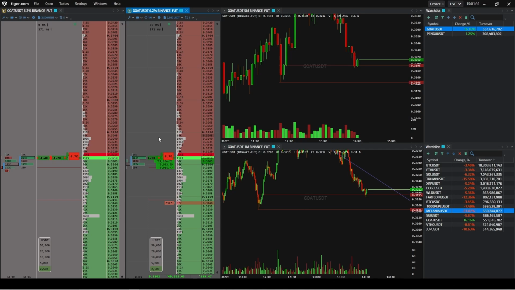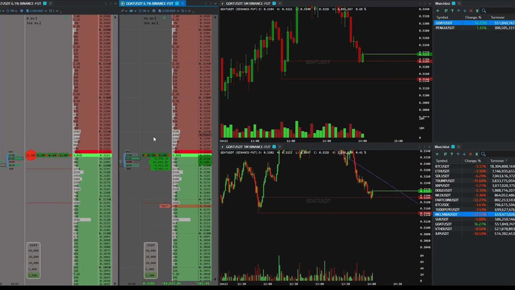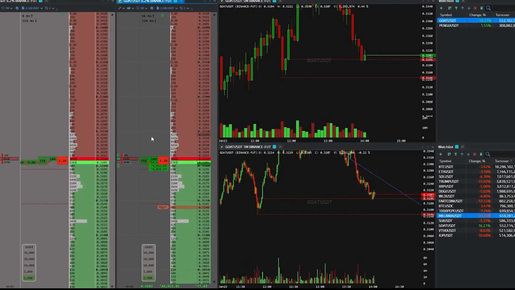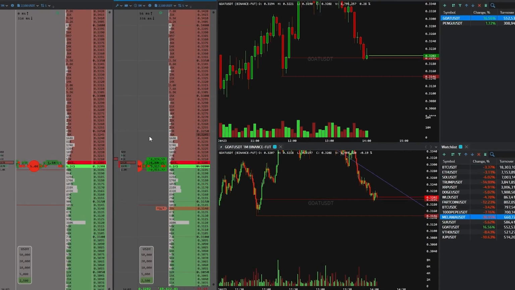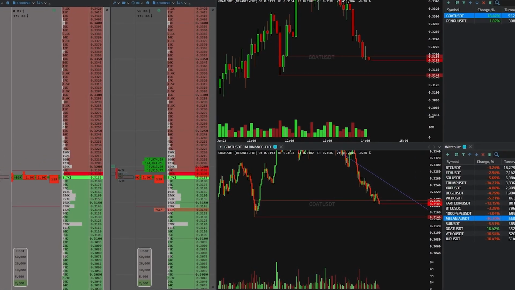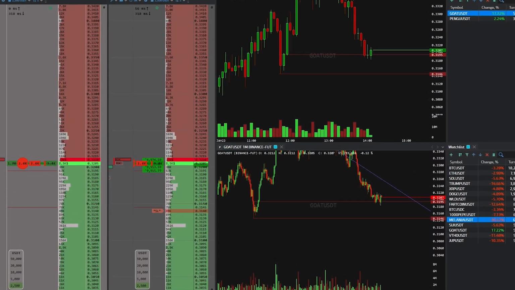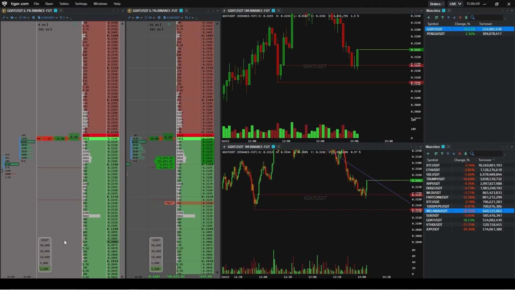We see the reaction. My limit orders were executed and the price began to react off the block as expected. This is a key market mechanic.